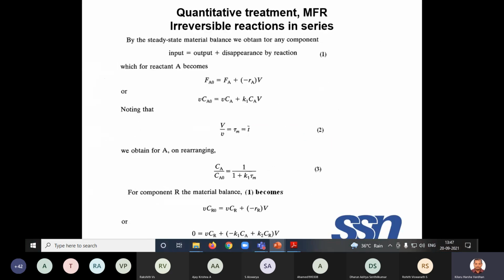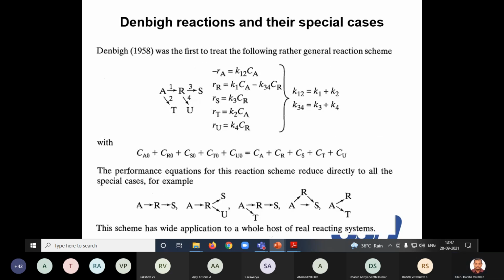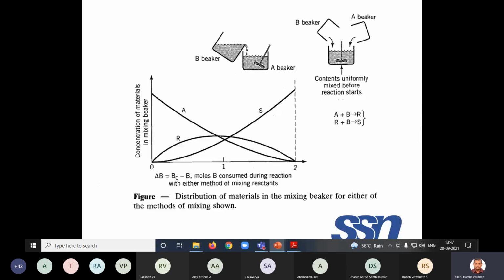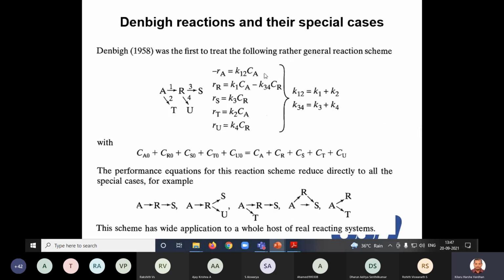You can see my presentation is also getting over here. So these are some more reactions. These are much more complicated. This is not a series-parallel. This is a series-parallel, but here if you see, A is giving R, R is giving S, A is giving T, and R is also giving T. This kind of reaction, even if irreversible, there can be a reversible one also.